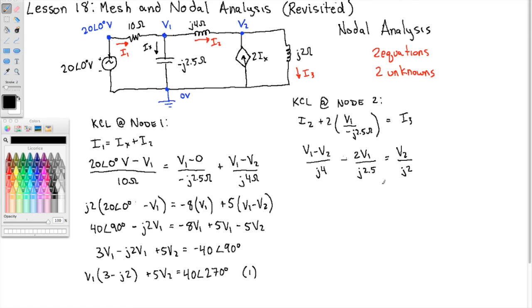Now I'm going to multiply everything by the common denominator, which looks like J20 again. Over here I have 5, that's nice, times V1 minus V2. And here I've got 16 V1. Let me write it down: I'm multiplying everything by J20. J20 divided by J4 leaves me this 5. J20 divided by J2.5 is 8.